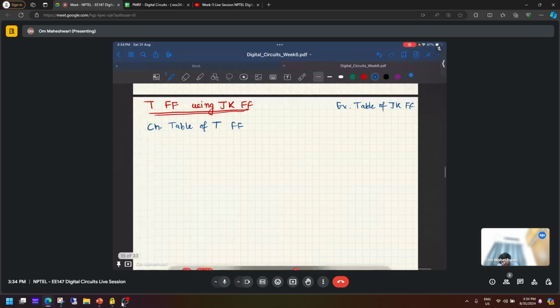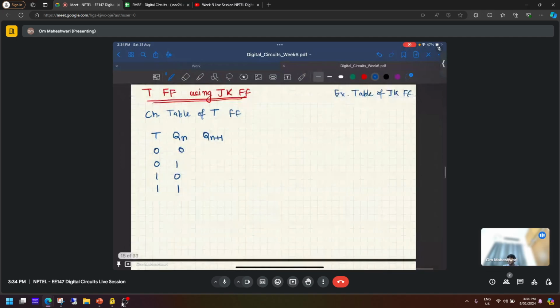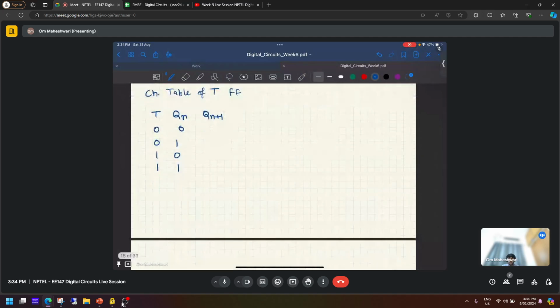So the characteristic table will be T, Qn, Qn plus 1: 0 0 0, 0 1 1, 1 0 1, 1 1 0. If you remember, in a T flip-flop, whenever the input is 0, the output remains the same as Qn. Whenever the input is 1, the output changes its state, it flips.